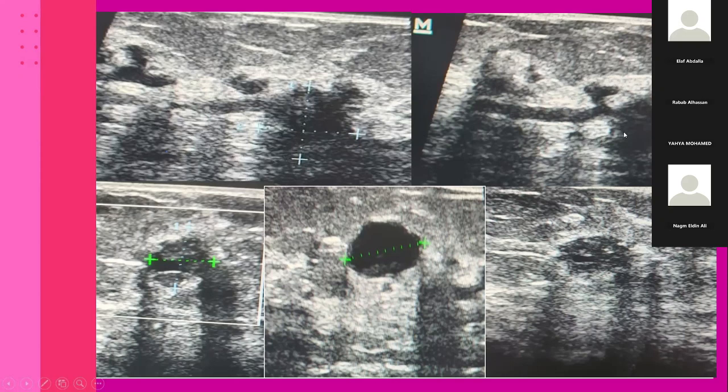The other one is obviously seen here as the terminal duct lobular unit of a segmental duct, okay? And it has been replaced by an irregular deeply hypoechoic mass, and the duct itself is thick, dilated, expanded with soft tissue material similar to these lesions.